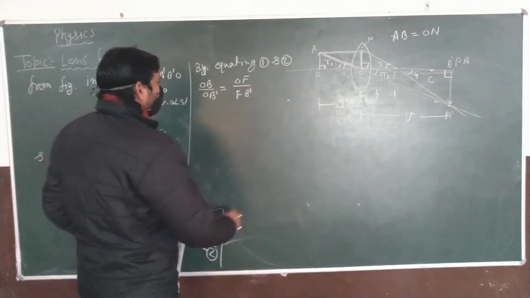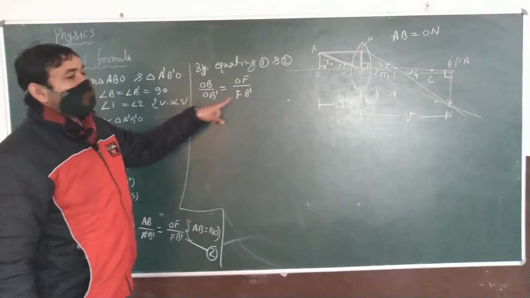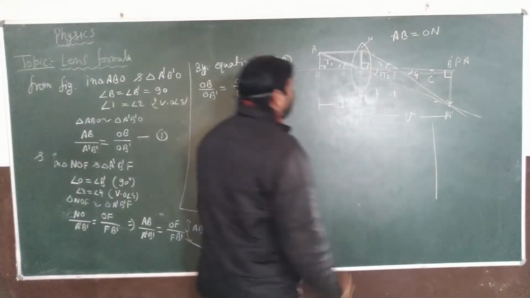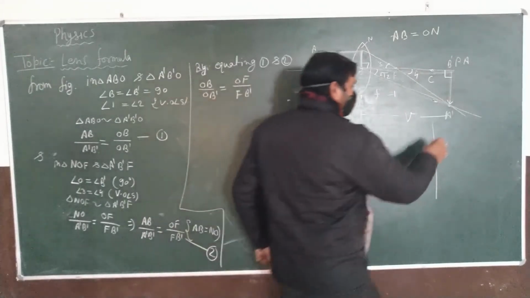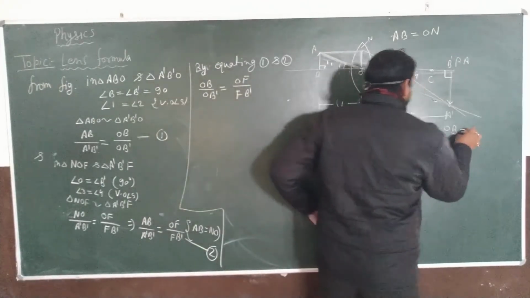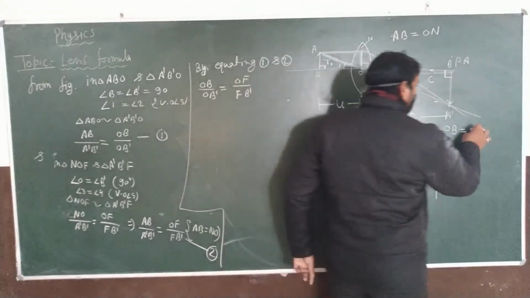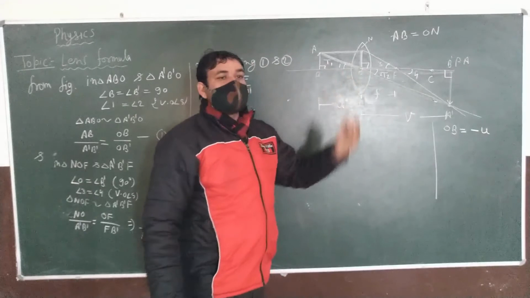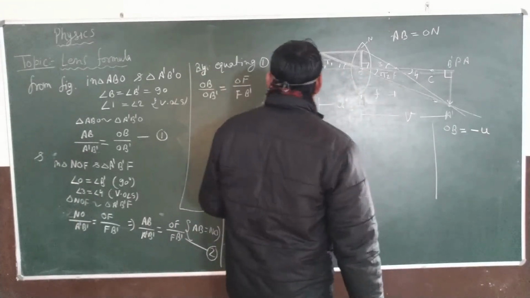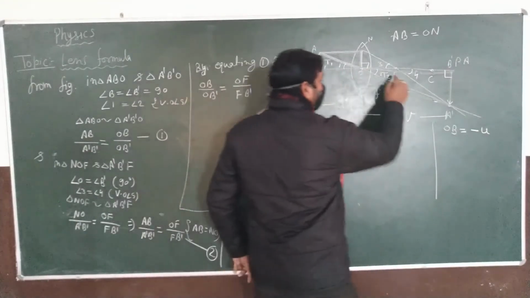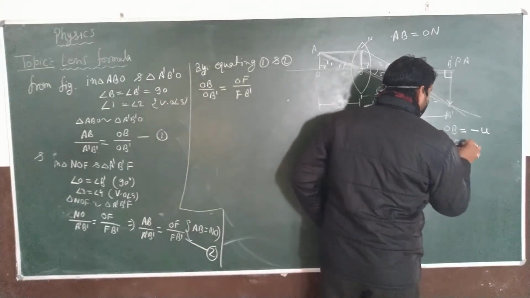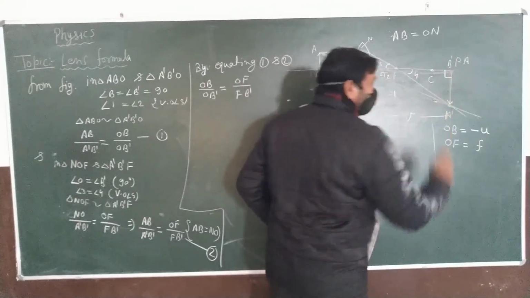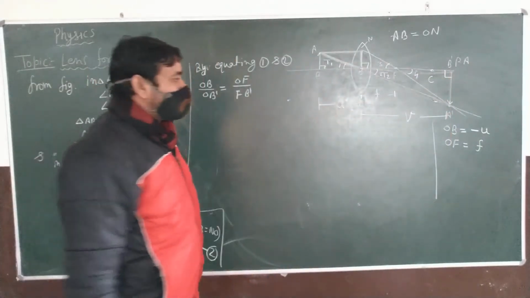Now we need to calculate all these values. So see here, OB is the distance of the object, which is equal to minus u because the object is placed in front of the lens. Next, OF is the focal length, which is on the other side of the lens, so it is positive.